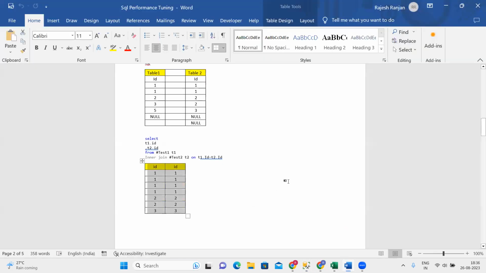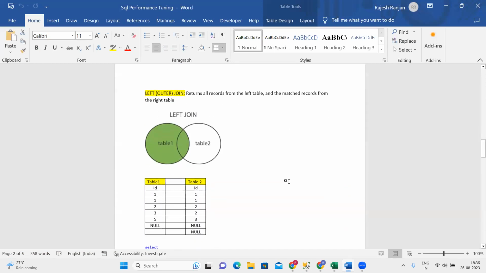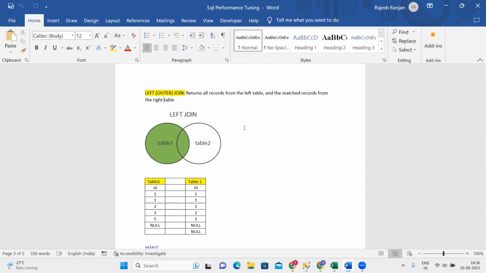Now coming to the second join, which is the left outer join. Left outer join means suppose you have two tables, table A and table B, each with some records.